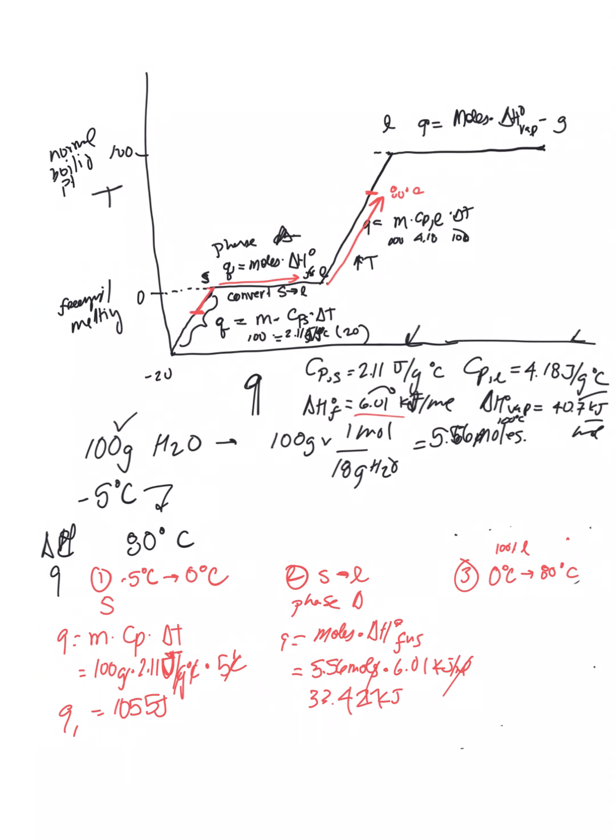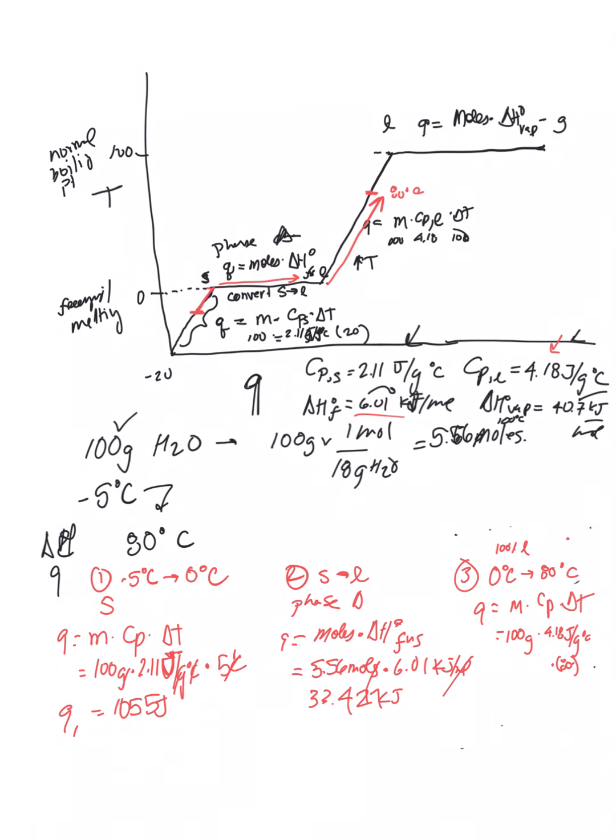So when we do this, our Q is equal to M times CP times delta T. Again, our mass is still 100 grams. Our CP now, we're using the water CP, so that's 4.18 joules per gram times degrees Celsius, times our delta T, which is 80 minus 0, which is 80.